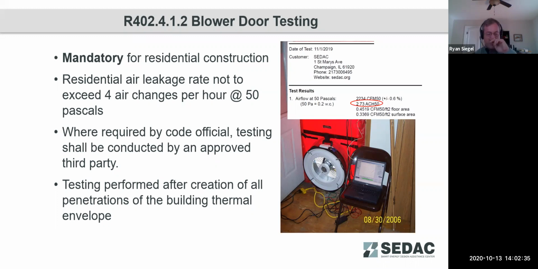Something to be aware of, and we allude to this throughout this presentation, is we want to make sure that we are matching our design, particularly because not all projects use the prescriptive path. In this case, the prescriptive path specifies 4 air changes per hour.